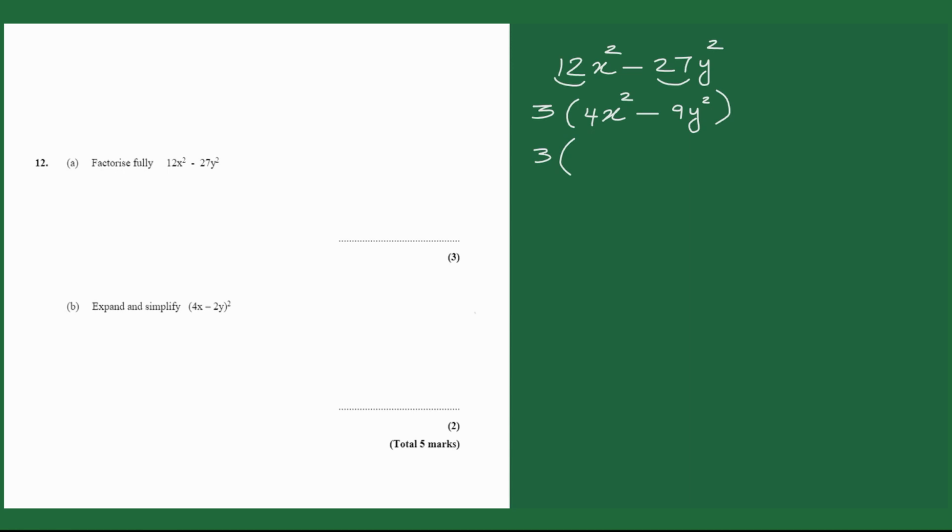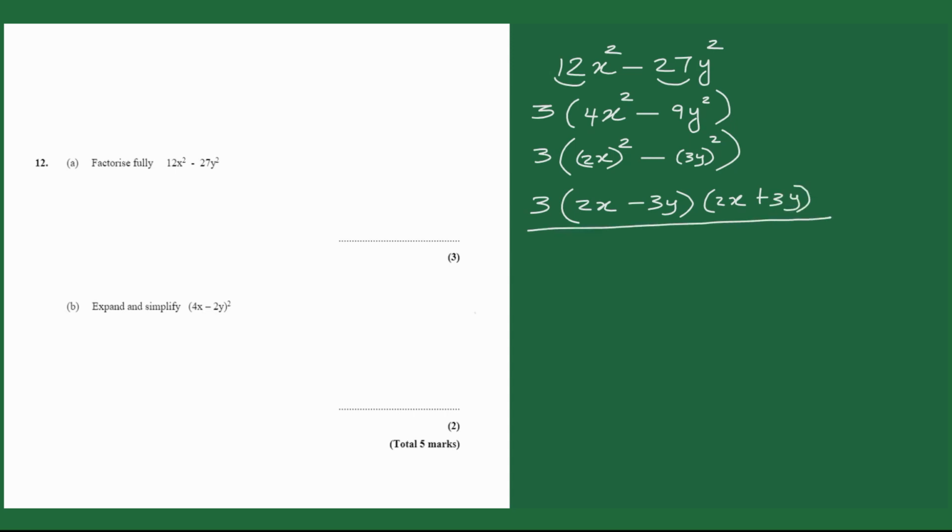After that, I can turn the 4x squared into 2x whole thing squared, because 2 squared is 4, x squared is x squared, minus 3y whole thing squared, because 3 squared is 9, y squared is y squared. Now with the 3 outside, this is again difference of two squares: 2x minus 3y, 2x plus 3y. That is our final answer.